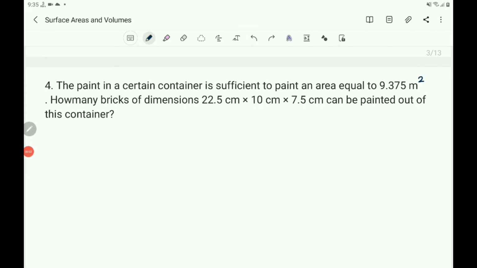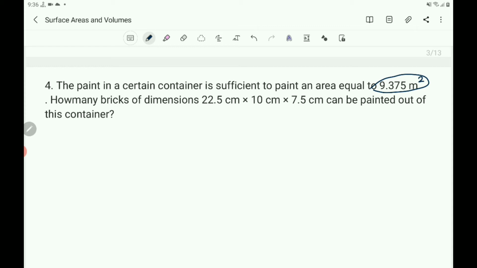Here the total area that can be painted by using the paint in the container is given as 9.375 m square, and the length, breadth and height of the bricks are given.